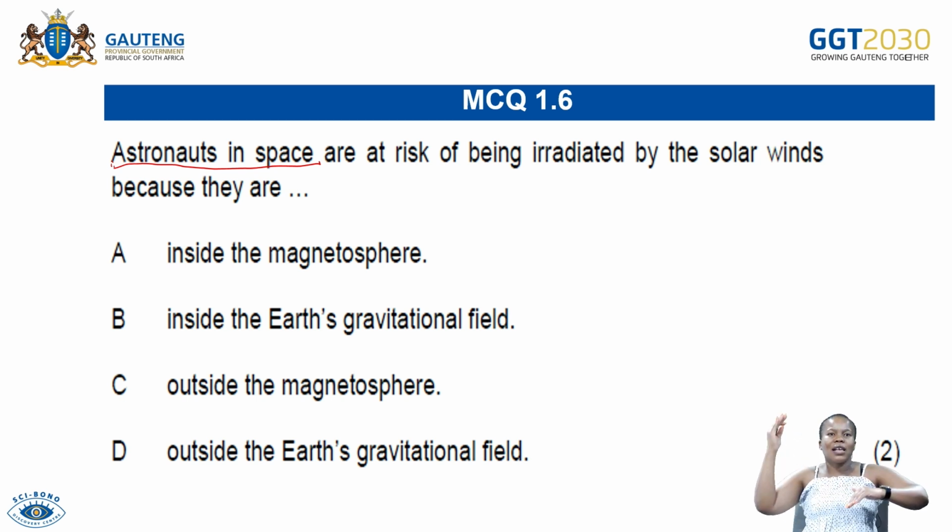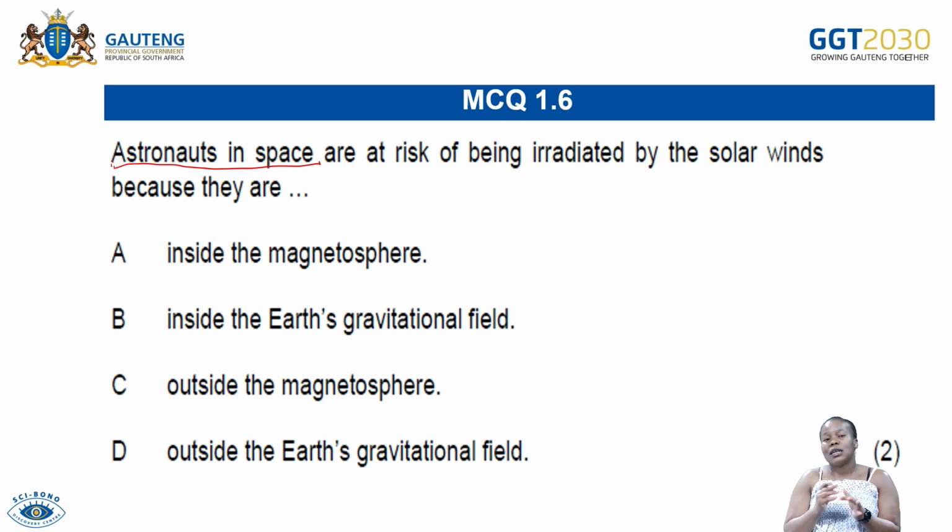No, because they are outside the Earth, looking at planet Earth amongst all the other planets. So definitely not B. They are outside the magnetosphere, so they are at risk because they are outside of it. There's no way the Earth's magnetic field can protect them because they've stepped outside of it. So definitely it is option C.